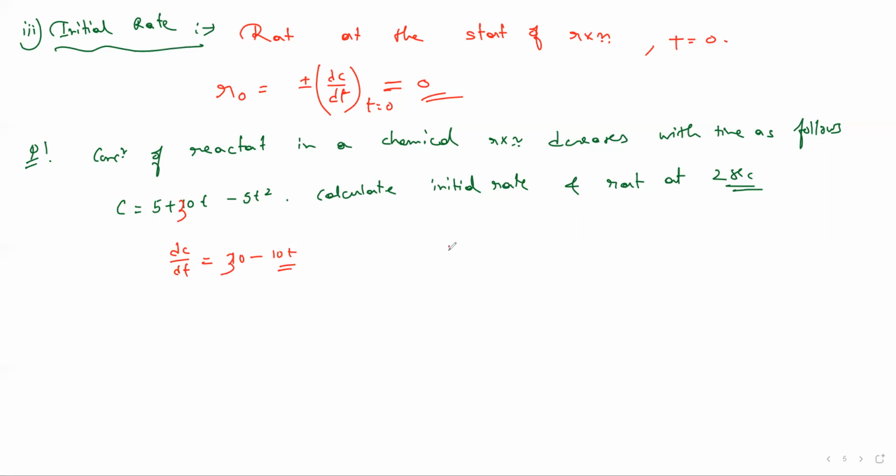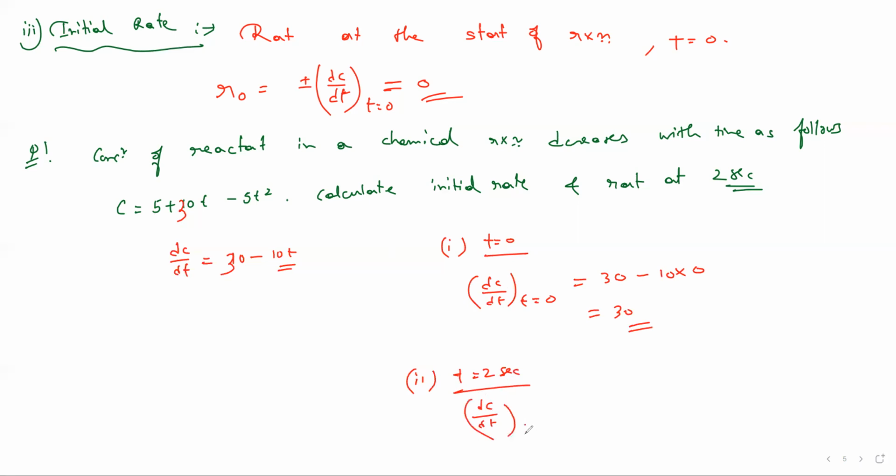Now initial rate means t equals 0. So when t equals 0, dc by dt at t equals 0, what should be the rate? 30 minus 10 into 0, that means 30. That should be the initial rate. Now t equals 2 seconds, dc by dt at t equals 2 seconds: 30 minus 10 into 2, that means 10.